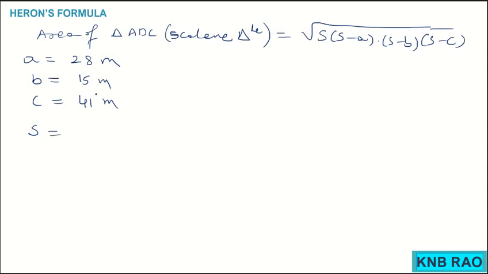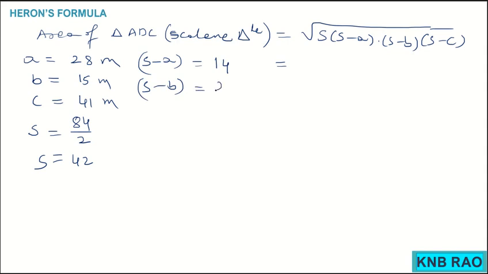So the sum of 28, 15 and 41 gives you 84 by 2, which will be the semi perimeter, 42. Substituting that value here, S minus A, 42 minus 28 will give you 14. S minus B, 42 minus 15 will be 27. S minus C, 42 minus 41 is 1.